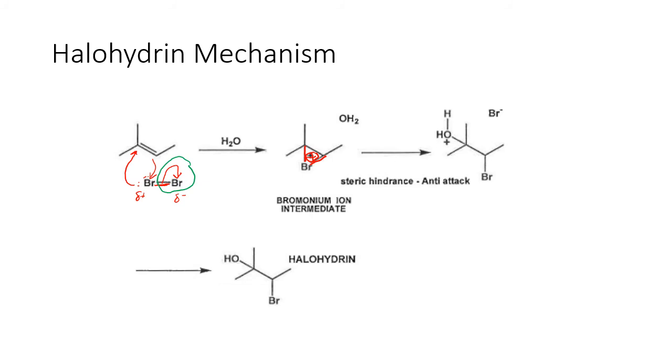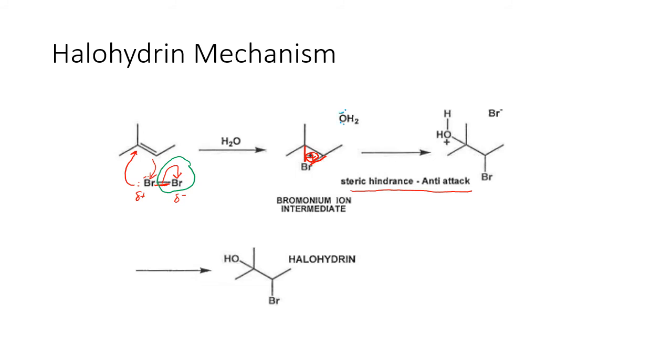And it's a planar, bulky, large intermediate. So we never attack from the same face as the bromonium ion intermediate. We always attack from opposite faces due to the steric hindrance. So that's anti-attack. So instead of having that bromide ion come in and attack, because it's not present in as high of a concentration as the solvent, the water can be a competing nucleophile and come in and attack.